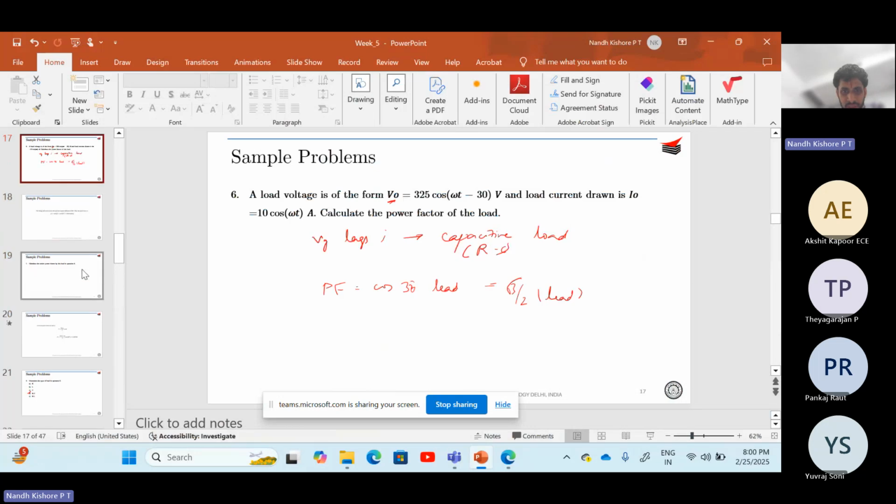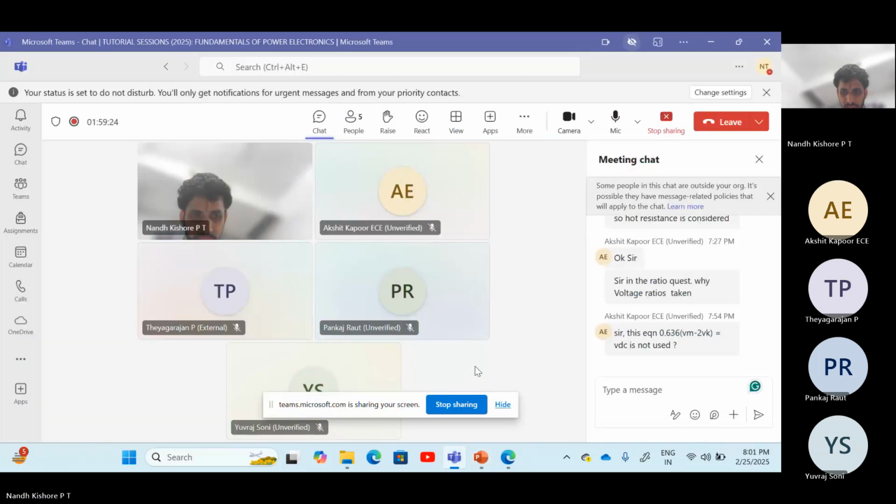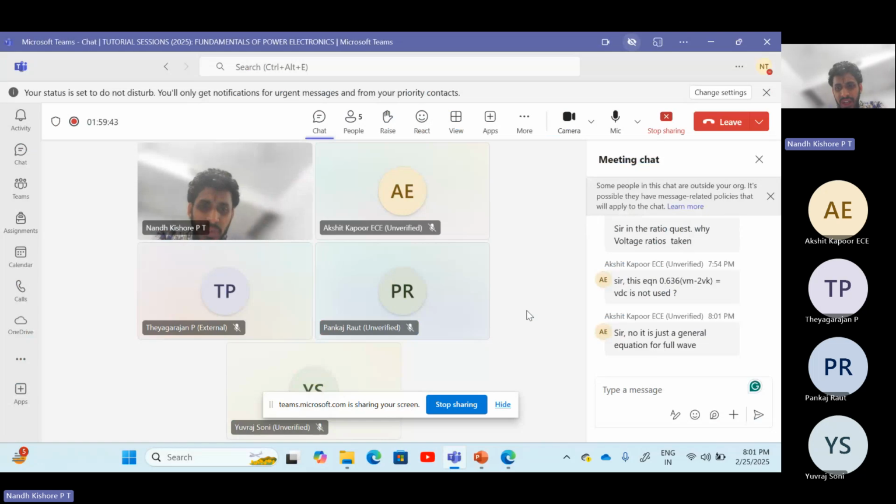Which question? 0.636 into Vm minus 2 Vk. Okay, so I am not aware where this question came, so you can just tell. Or else others, if you have any doubts, you can let me know now, or we can close for the day today.